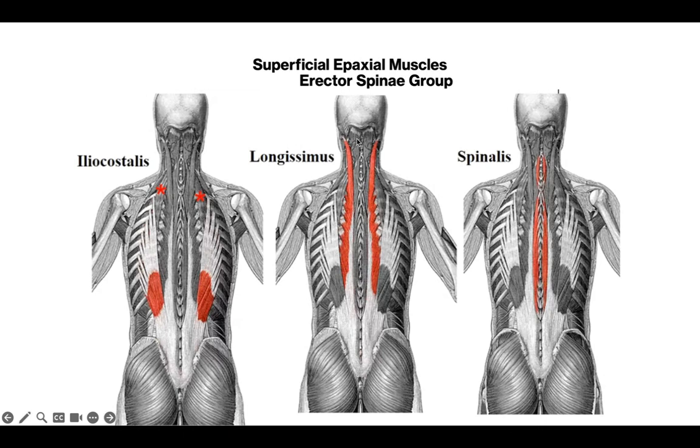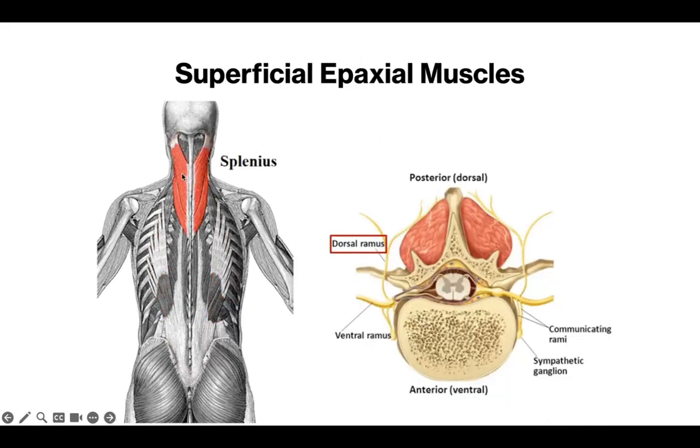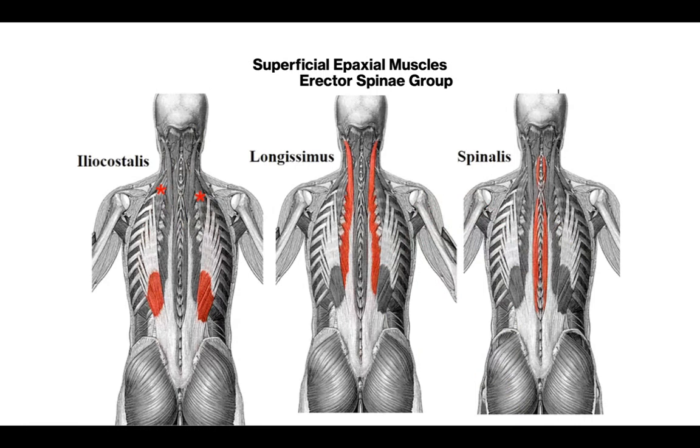longissimus has the same action as the splenius muscle, right? And that kind of makes sense because if we notice longissimus, again, the origin's down here, so that means the insertion has to be up here. Longissimus is attaching to the head. So it makes sense that it would have a similar action as the splenius, which is also attaching to the head.